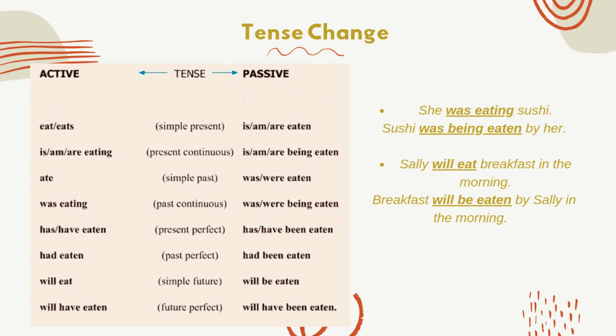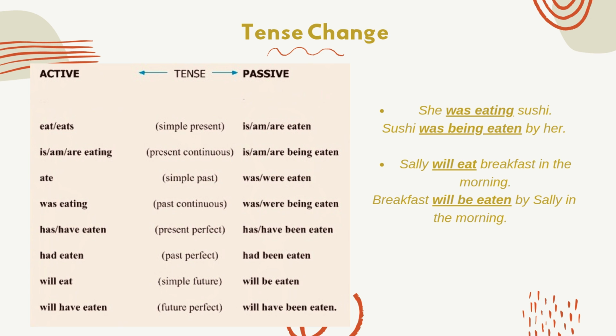You have to memorize this table to make the process of changing the verbs based on tenses from active into passive easier. Let's take some examples. She was eating sushi. In this active voice sentence, was eating is in the past progressive tense.